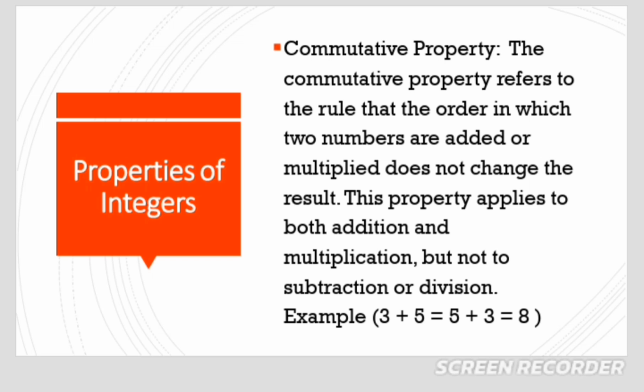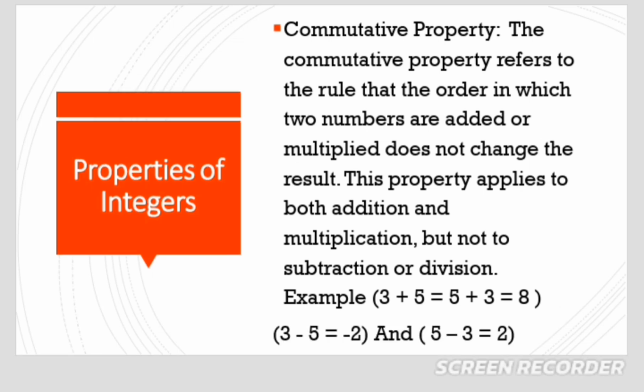Now, 3 minus 5 is equal to minus 2, and 5 minus 3 is equal to 2. Can we now see that they are not the same?